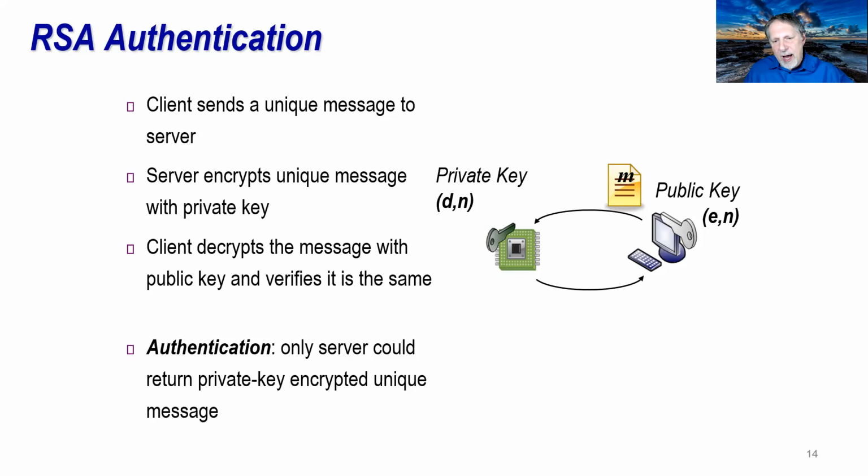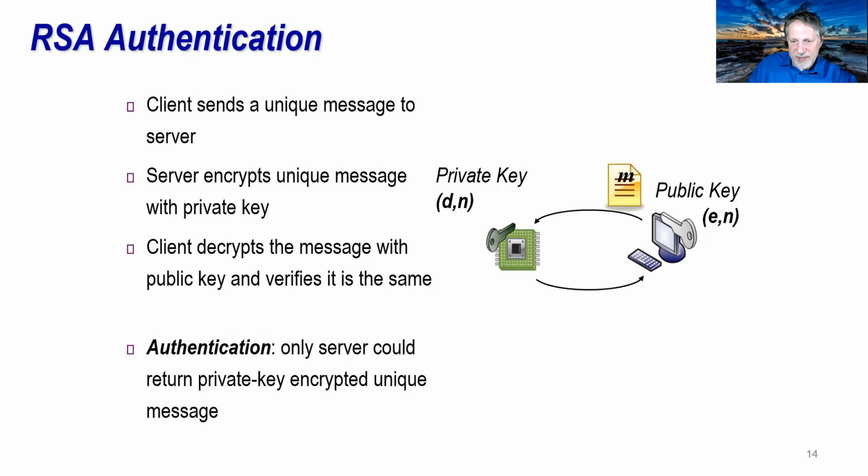So let's say I want to take my browser and I want to connect to my bank. Well, what I can do is I can get a piece of information and give it to my bank.